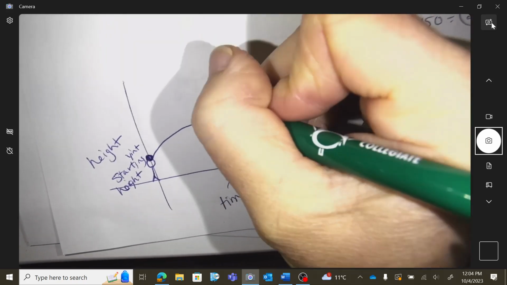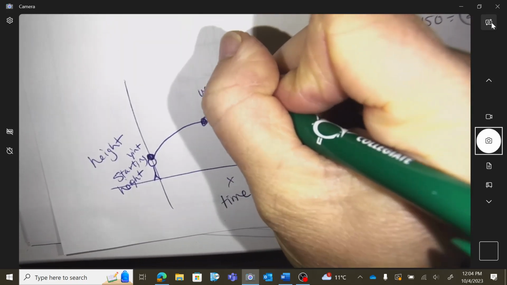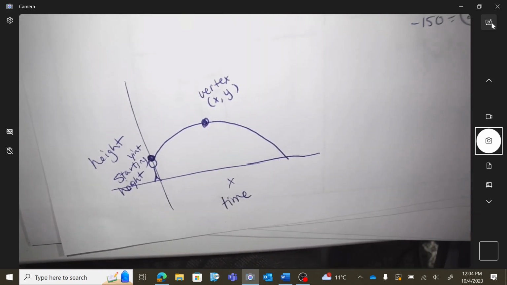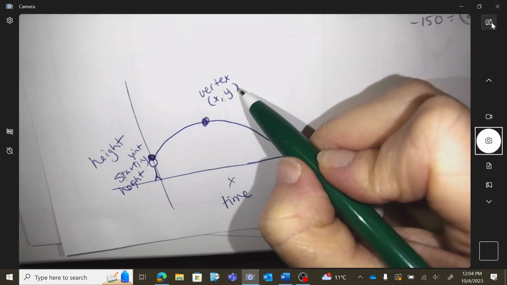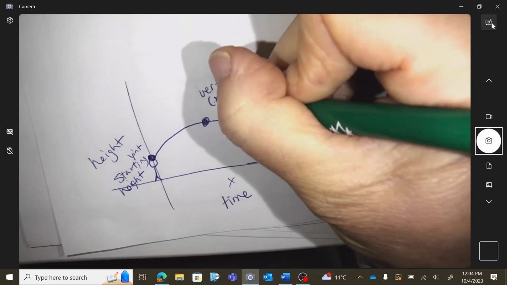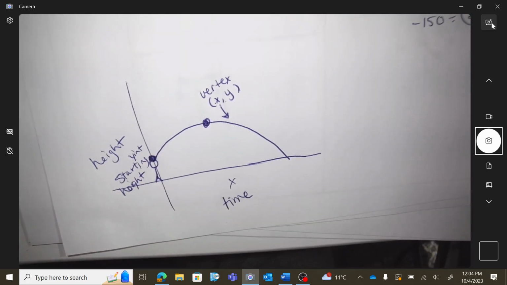Okay, so this coordinate is the vertex. It would technically have two parts to it. It would have a number, comma, a number, right? If you wrote it. So in words, what would that represent?